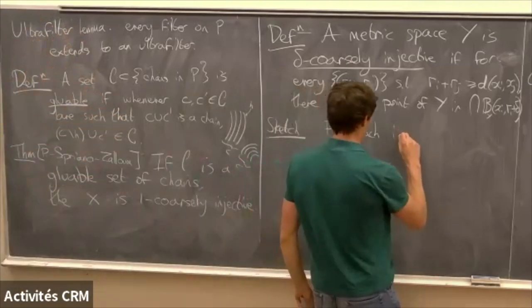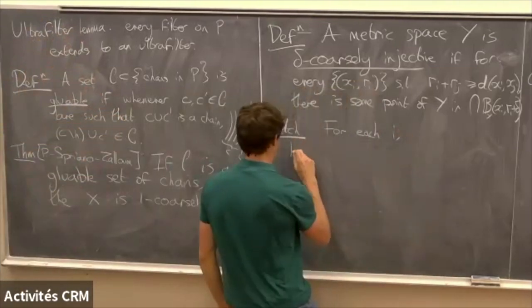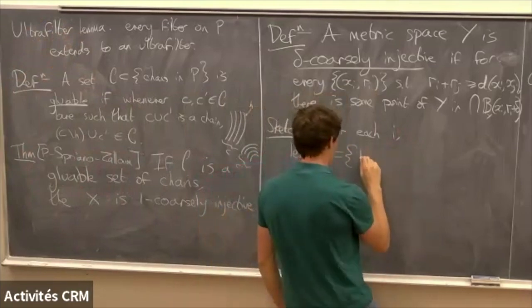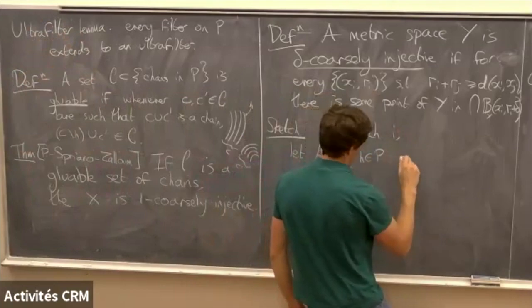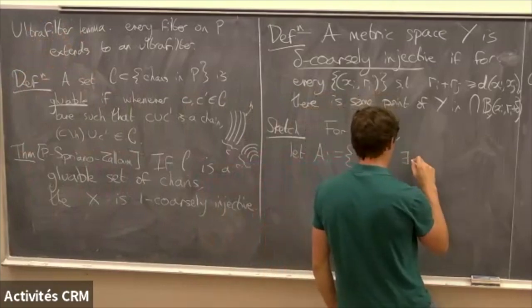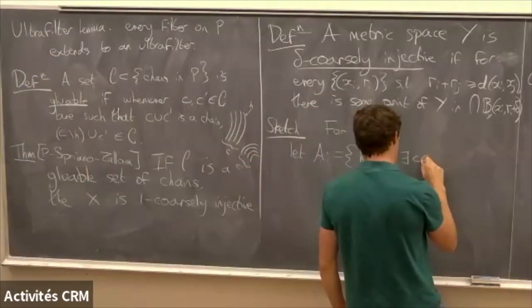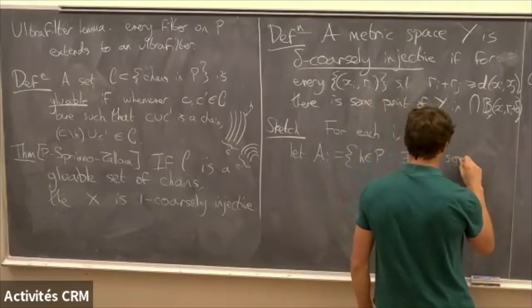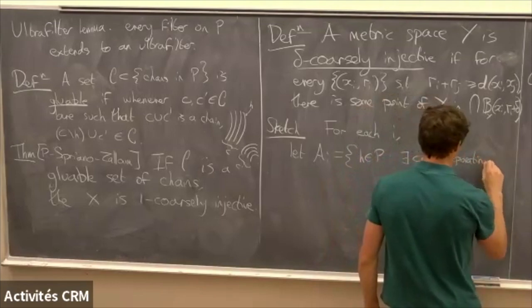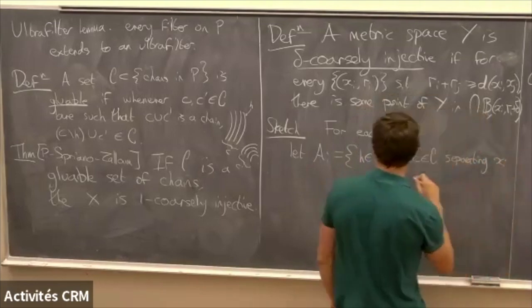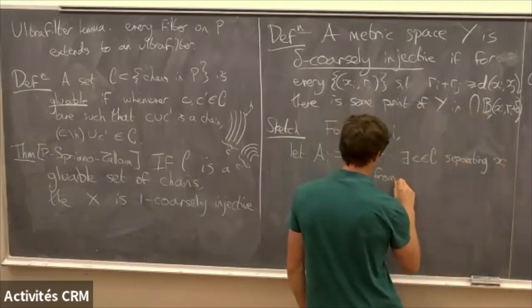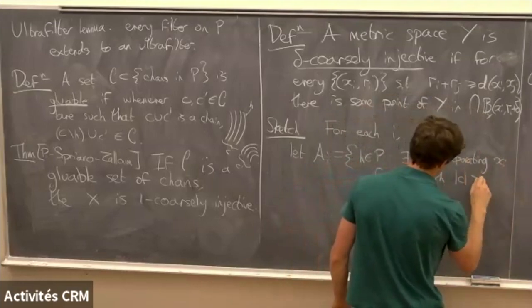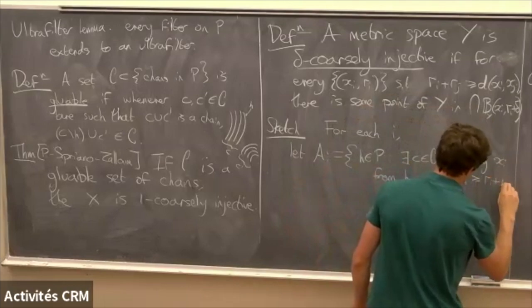So for each i, let Ai be the set of all walls H such that there is an element of C separating xi from H, and whose length is at least Ri plus 1.